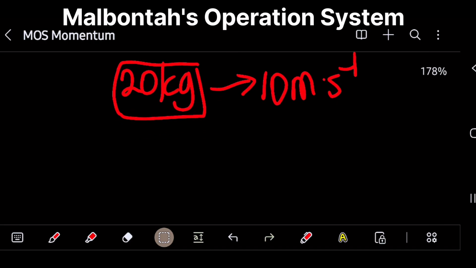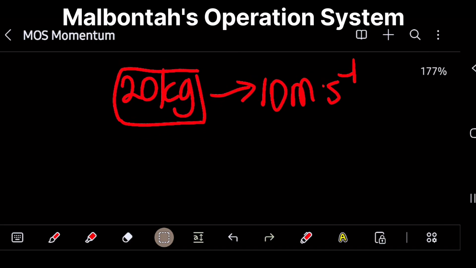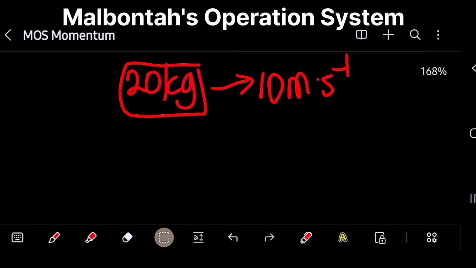I want to know what is the momentum of this object. I'll have p equals mv.